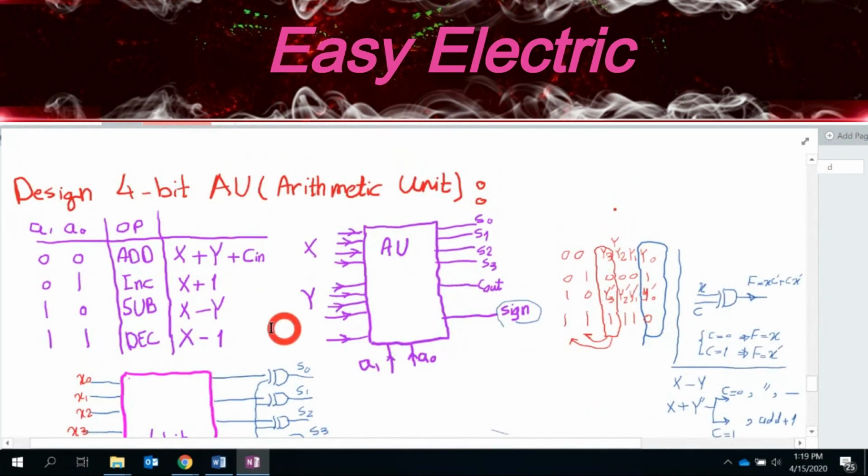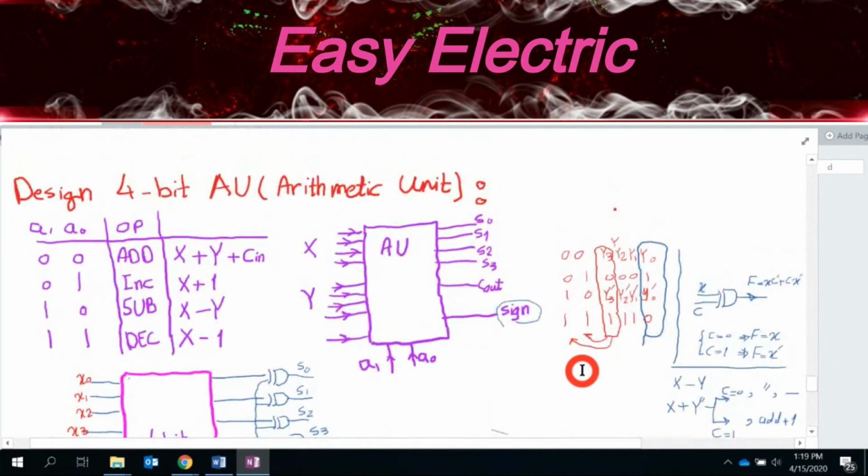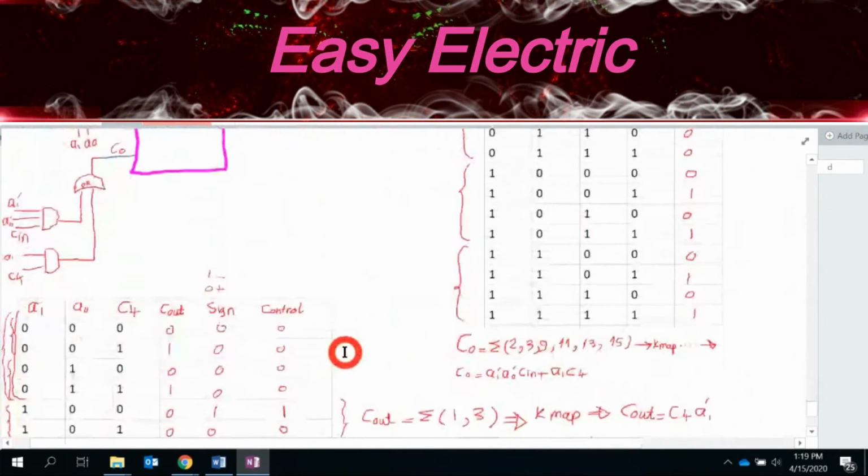But if you don't know what we did in the 4-bit subtractor, some part of this shouldn't make any sense. But if you review how we design the 4-bit subtractor, it should be very easy. Definitely you will understand what we did here.